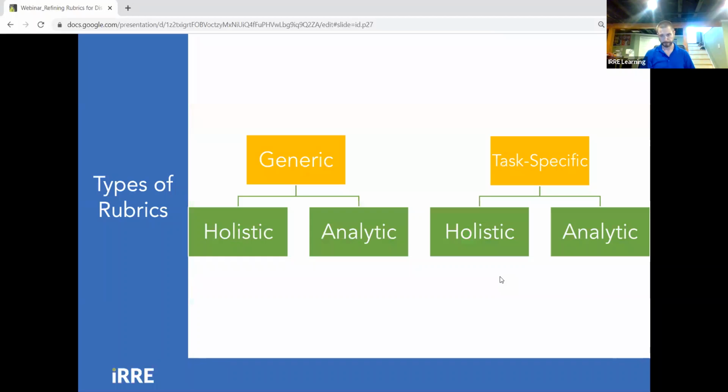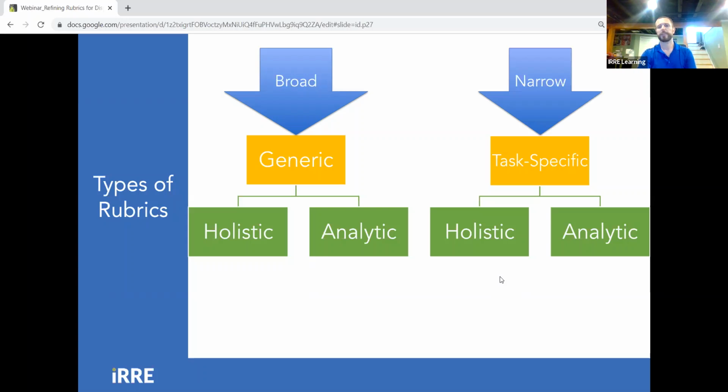and more of a, it's what the expectations were. So we'll talk some about different kinds of rubrics today, and this is, for many of you, I know, a refresher, but it helps to frame what we want to zero in on today as part of our discussion. We know that rubrics are broad in nature. They come in two flavors, holistic or analytic. We also know that there are task-specific rubrics that are more narrow.